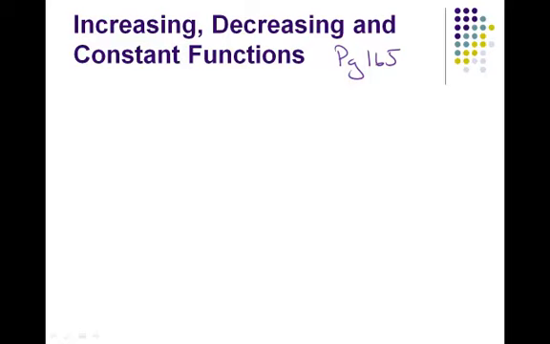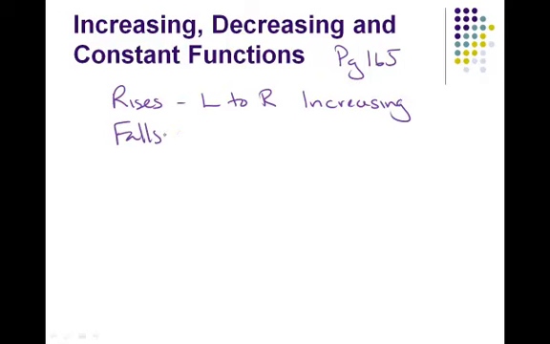When we talk about increasing or decreasing, we are talking about whether the function rises as it moves from left to right. That would be an increasing function. Whether it falls as it moves from left to right, that would be decreasing. And then obviously if it is neither rising nor falling, that would be a constant.